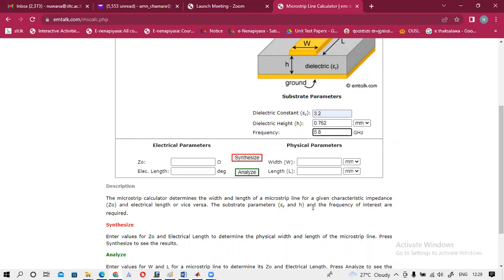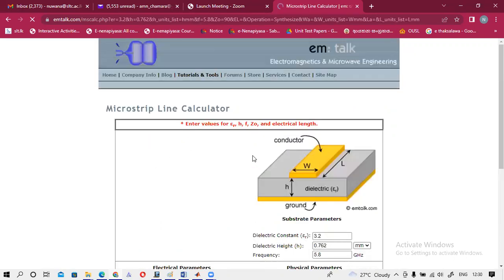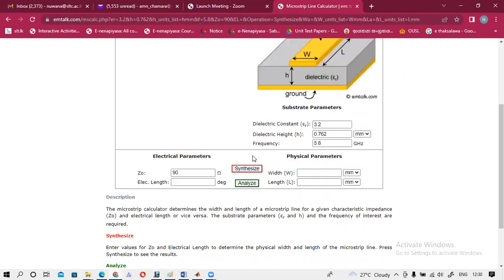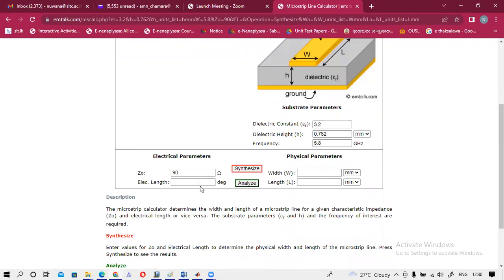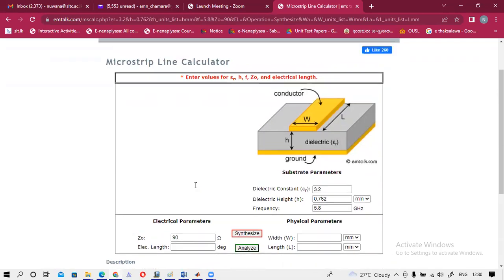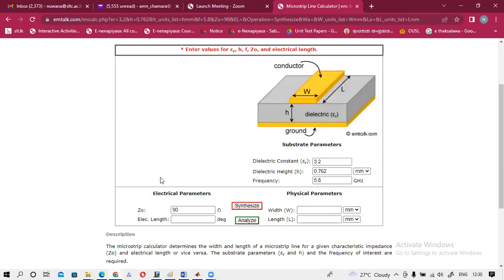Now you are going to calculate the WH, the high impedance value. If you put 90, it is 90 ohm now, so you can calculate the width. You have to also enter the electrical length value.